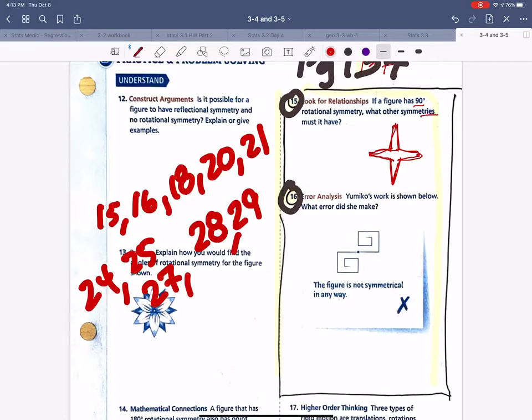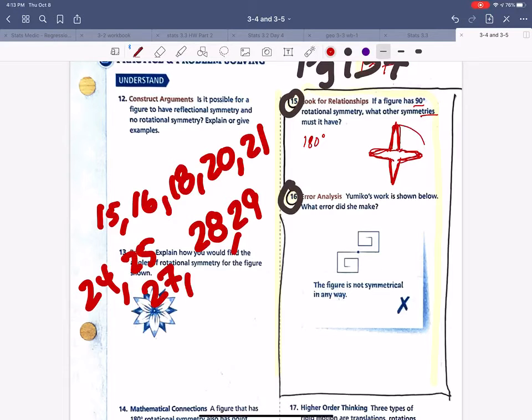What other symmetries would it have? Well, notice it would also have 180. We said today 180 degrees of rotational symmetry looks the same upside down and right side up, and this definitely does.